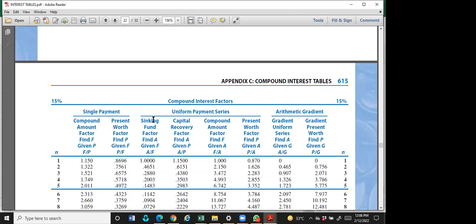You're looking for the future amount of a given present amount of 100,000. So the future amount after 5 years is 2.011. What is this teaching you? If you borrow money from a bank at 15% and do not pay back after 5 years, the money will double. Am I right? Yes.